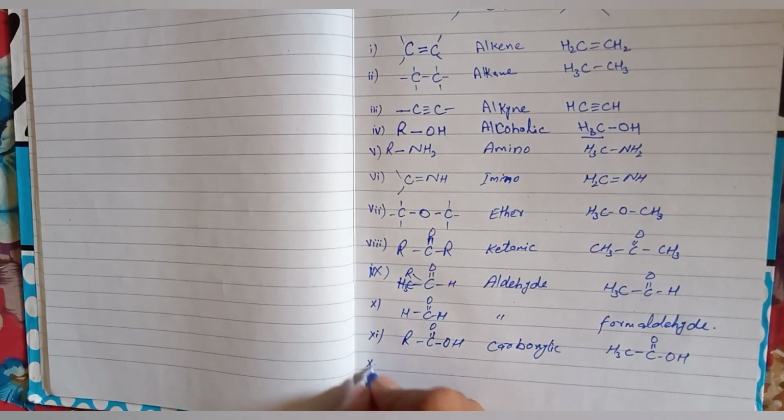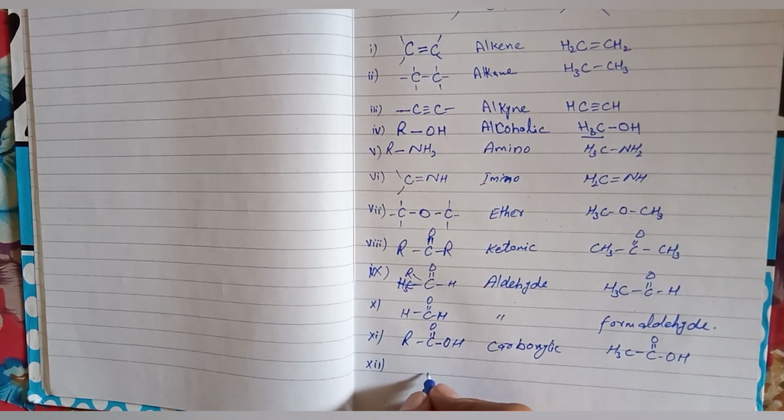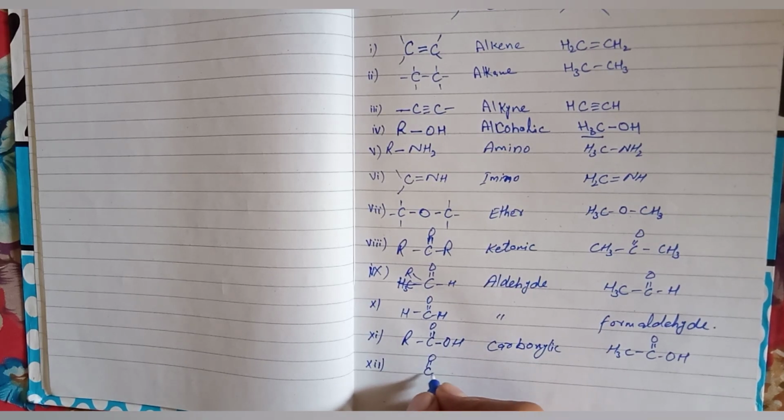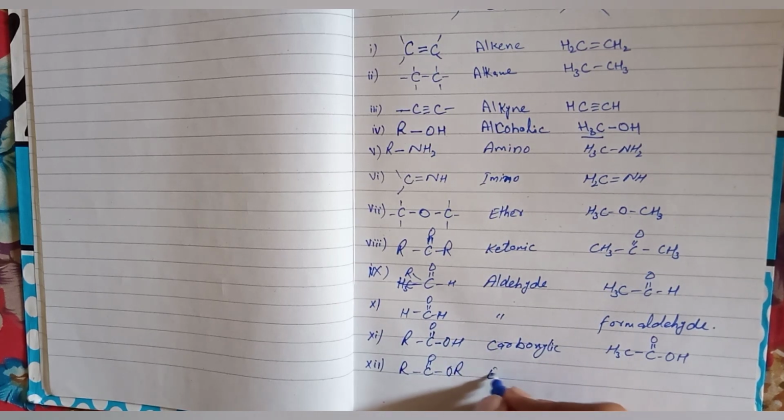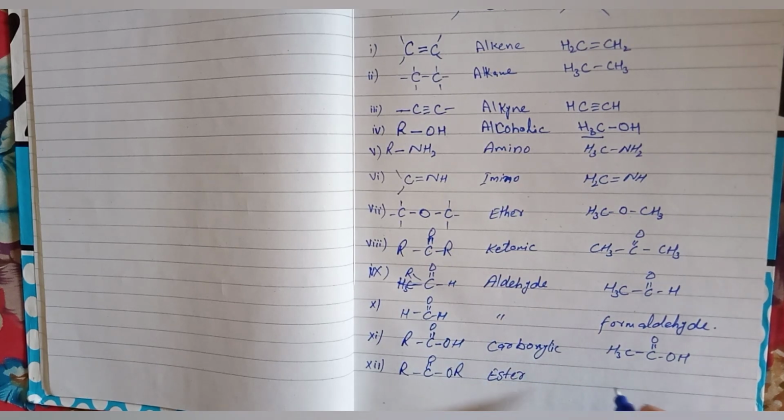Next functional group is ester linkage. Carbonyl group attached on one side to R, and on the other side to OR. If this linkage is present, carbonyl with OR on one side, this is called ester linkage or ester functional group.